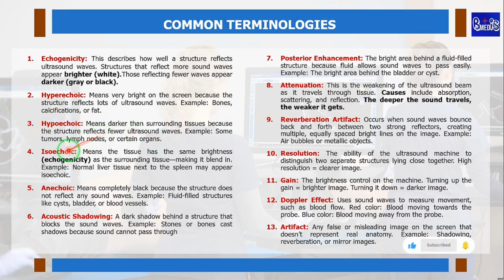Then we have isoechoic. Isoechoic means the tissue has the same brightness, echogenicity, as the surrounding tissue, making it blend in. An example is normal liver tissue next to the spleen, which may appear isoechoic.